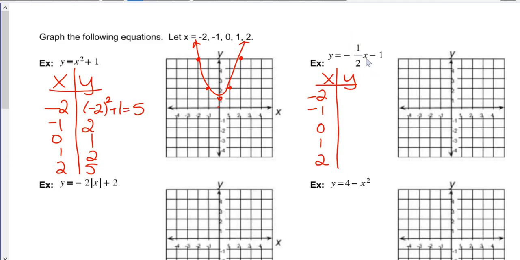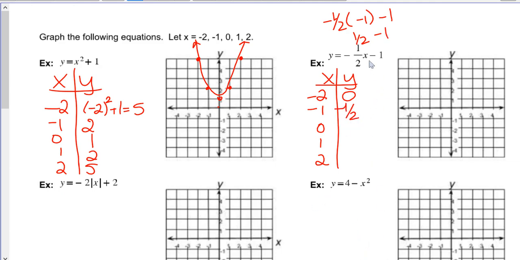Half of 2 is 1, so 1 minus 1 is 0. If I plug in -1, -1/2 times -1 minus 1, well, this ends up giving me a fraction, but that's okay, don't flip out. Here we have a +1/2 minus 1, which is -1/2.